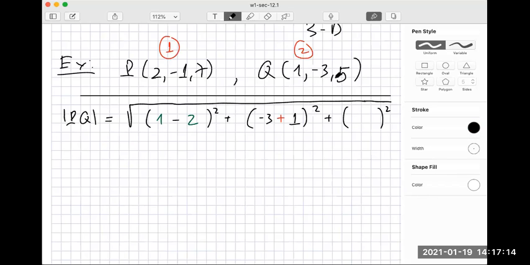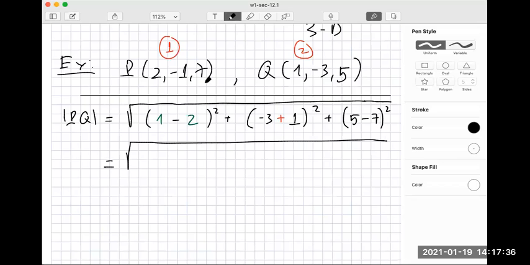And here it will be 5 minus 7. That is my notation, or it is the same as this one.